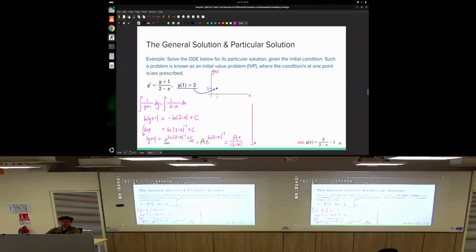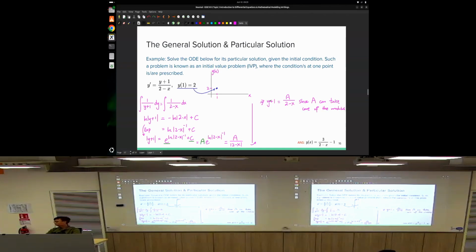So the a will take care of the positive and negative of the left-hand side term, and will also take care of the positive and negative of the right-hand side term. So effectively, you can just remove the modulus sign. So y plus 1 equals a over 2 minus x, since a can take care of the modulus.